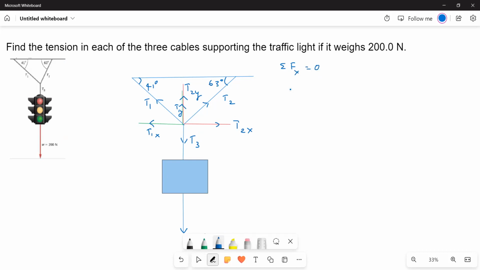Now what are the x component forces? T1x is acting left side and T2x is acting right side. So T1x is equal to T2x. Now from the geometry of the figure, this angle is 41 degrees, that is why this angle is also 41 degrees. So this is the adjacent side. Therefore, T1x is T1 cos 41.